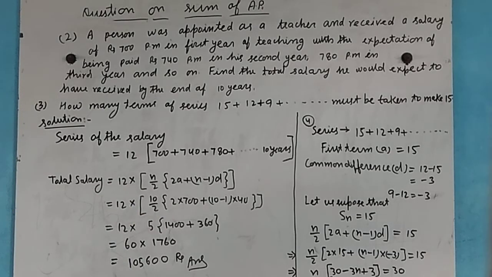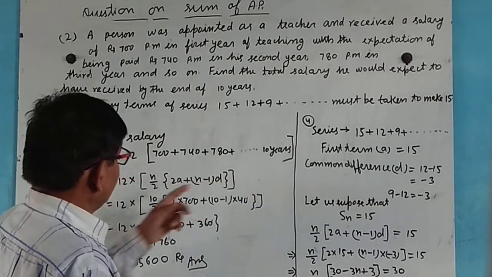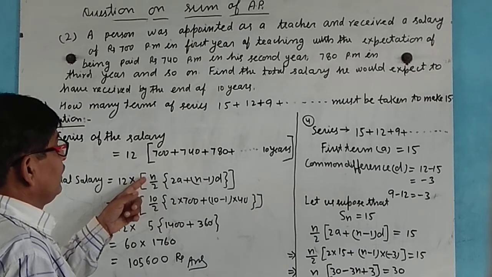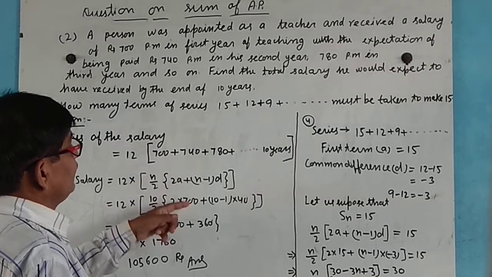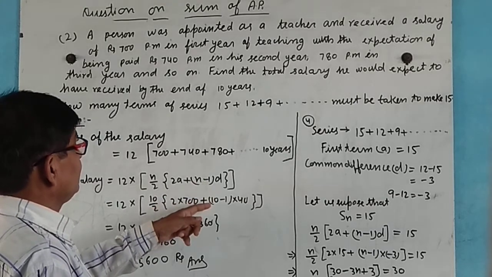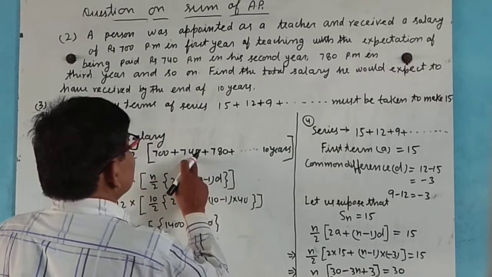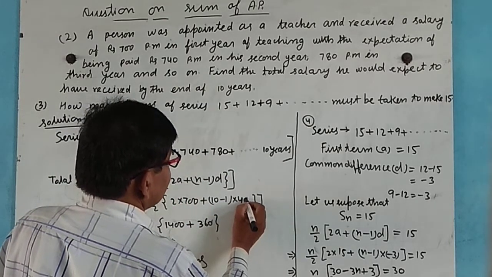Since it is 10 years, n by 2, 2a plus n minus 1 into d, that is 10 by 2, 2 into 700 plus 10 minus 1 into d. Here d is the increment, that is 40 rupees each year.